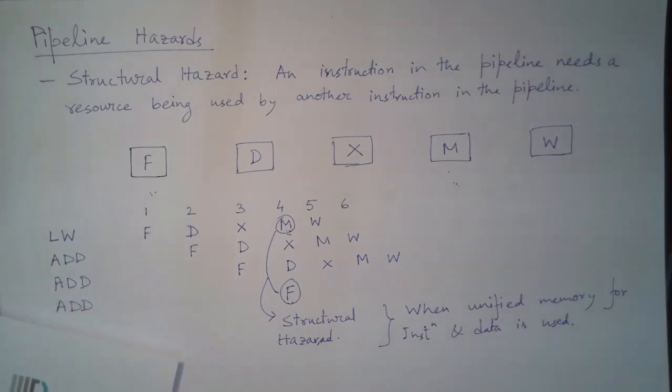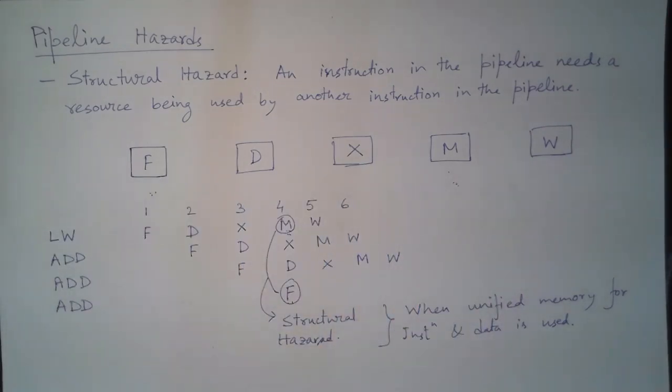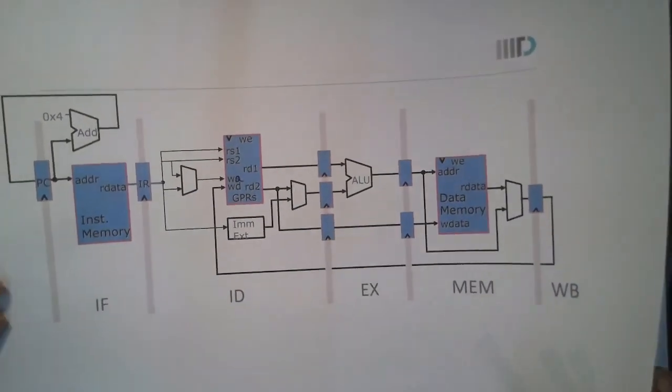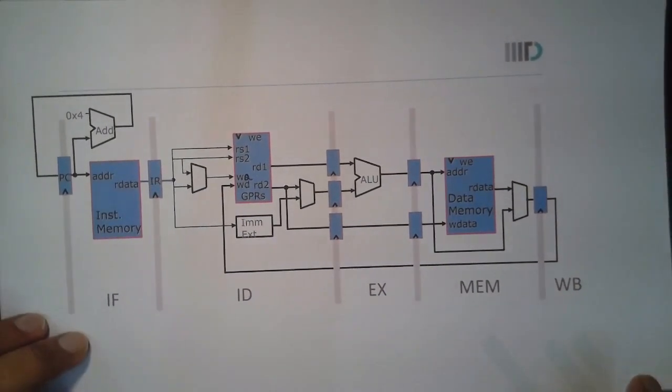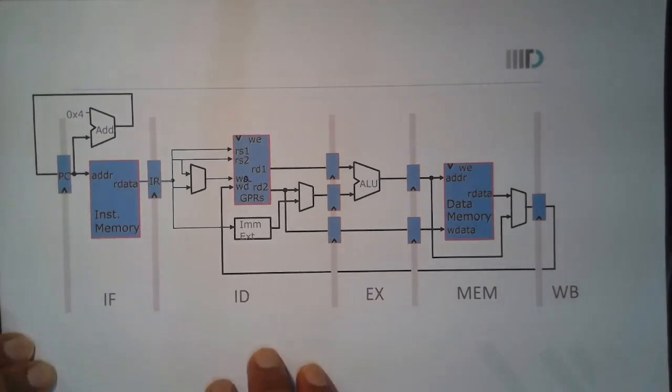So when we say unified memory, let us try to see. We try to understand this through this block diagram, but it may not give you a very intuitive sense about what we mean. So to enhance that, we have this simplified diagram of our pipeline stages.